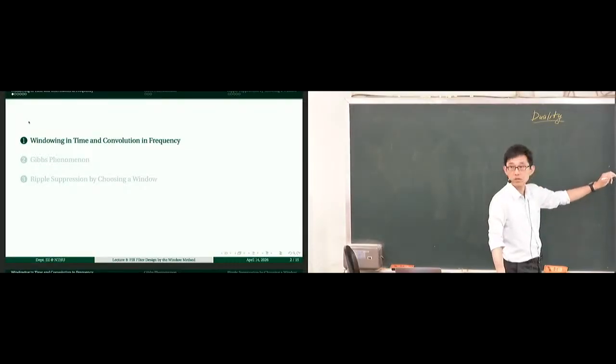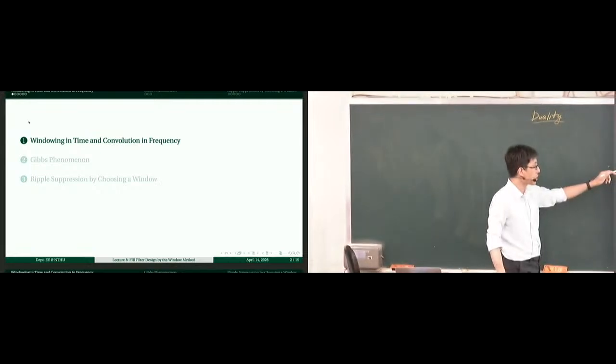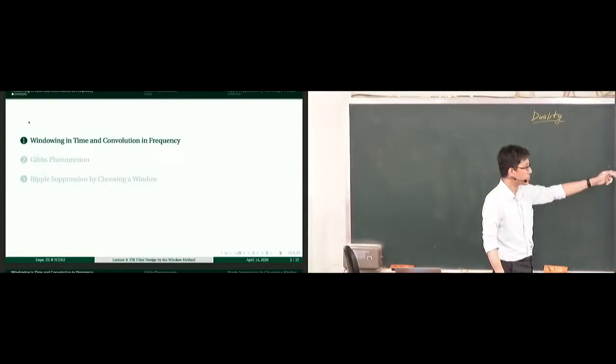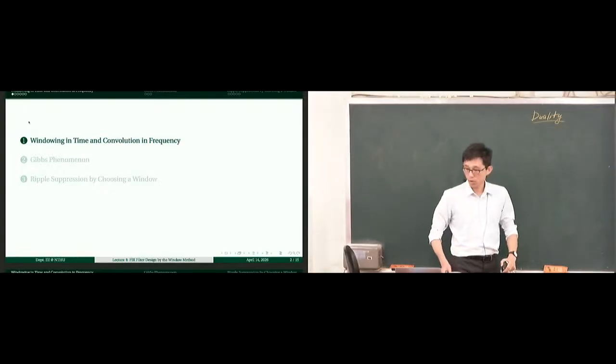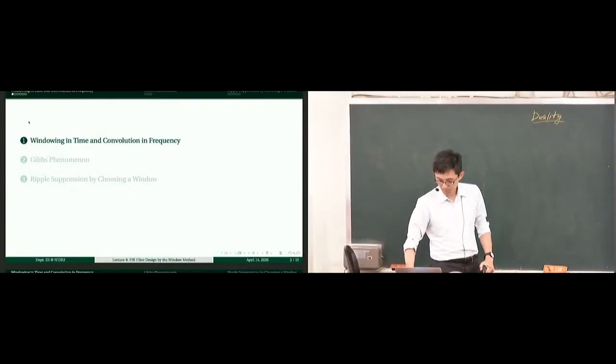To work around it, we'll also mention how to make the situation not so bad, how to compromise by choosing a window so that the bad property is reduced. We can suppress the ripple by wisely choosing a window function, and there are different choices.